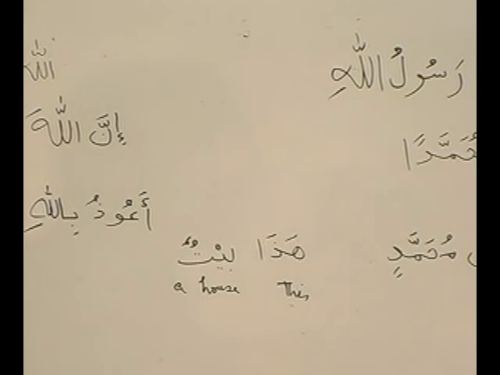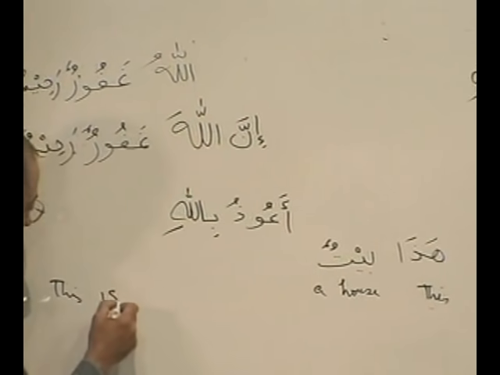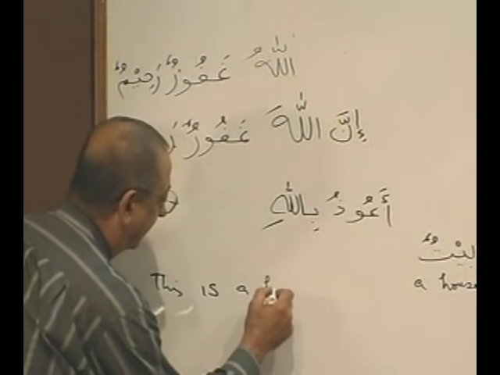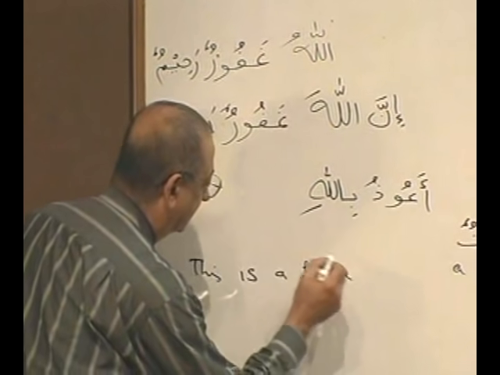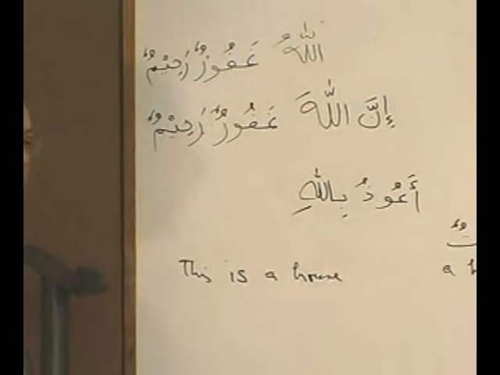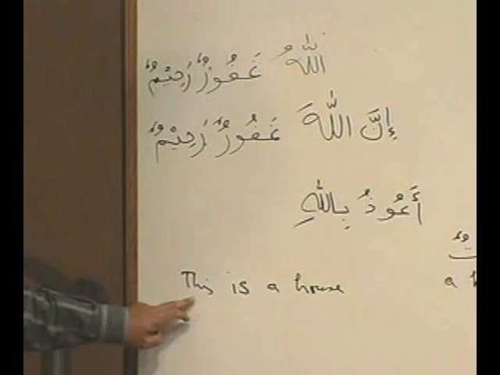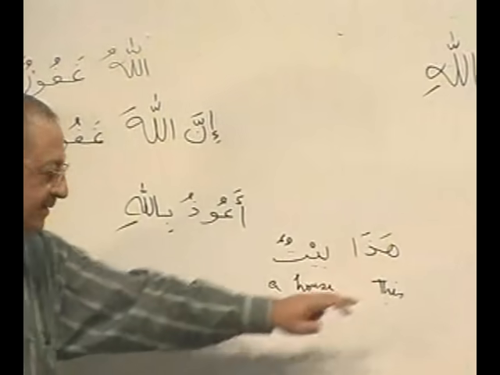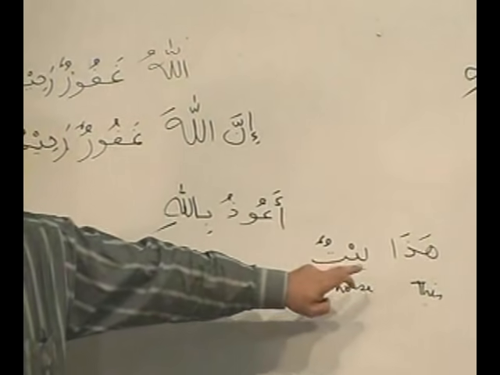Are you with me, brothers and sisters? No, but you said in English that this is a house. Okay. I see this here, haza. I see a house here, baytun.